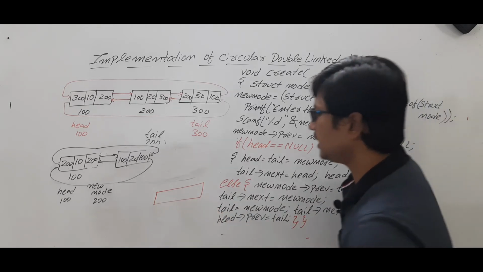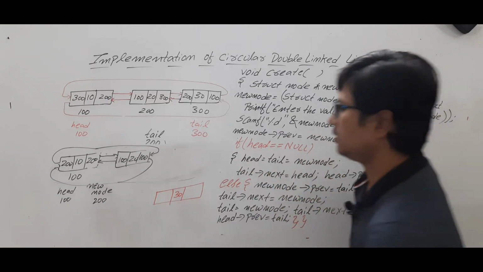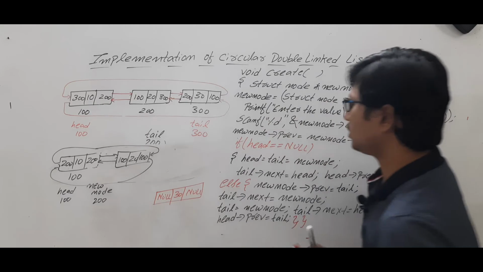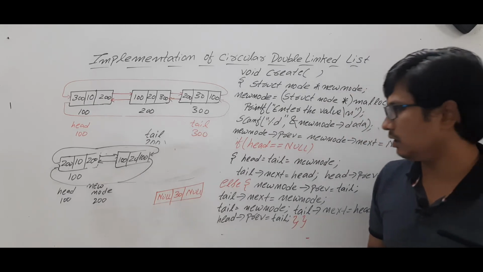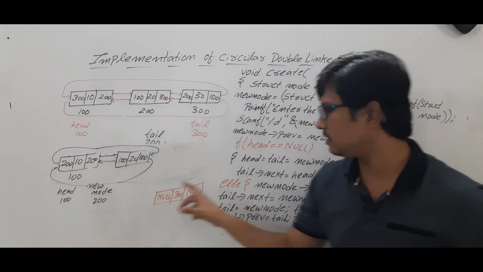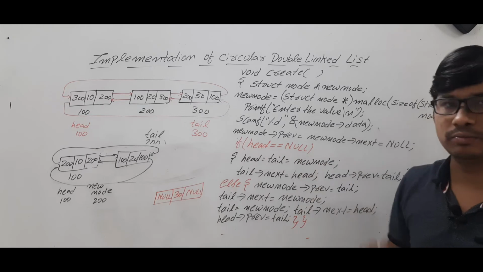Okay, so let's assume that the user has entered the value 30 and this one we have assigned to null and null. So now let's check whether our code is working or not. If head is equal to null, head consists of 100, 100 is not equal to null. So the if block condition fails, and it will come to the else block.